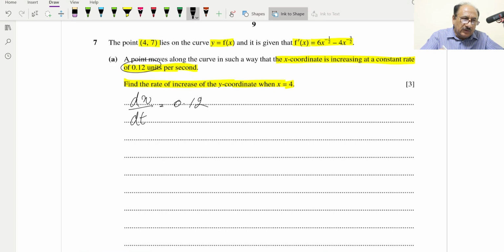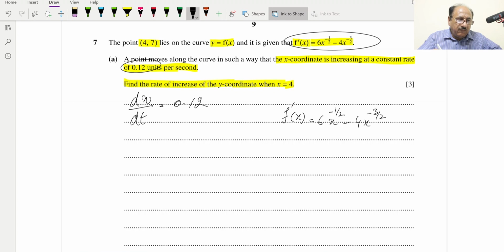Now f dash of x is also provided, so we can write f dash of x is equal to 6x raised to power minus 1 by 2 minus 4x raised to power minus 3 by 2.